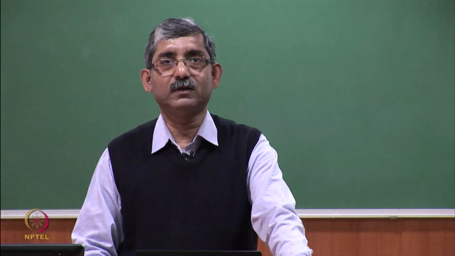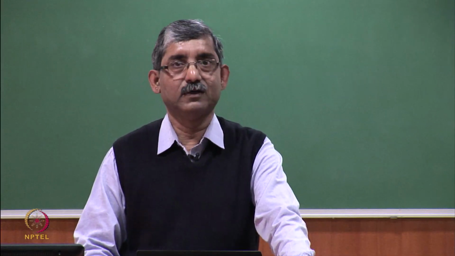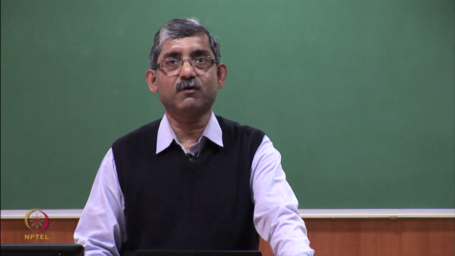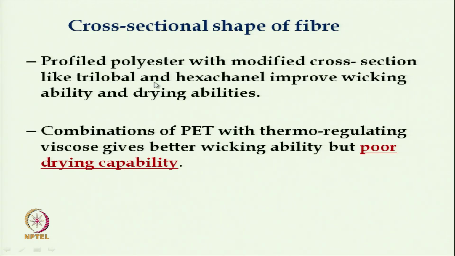Now, coming to the effects of cross sectional shape of fiber, profiled polyester with modified cross section like trilobal and hexachannel improve the wicking characteristics.